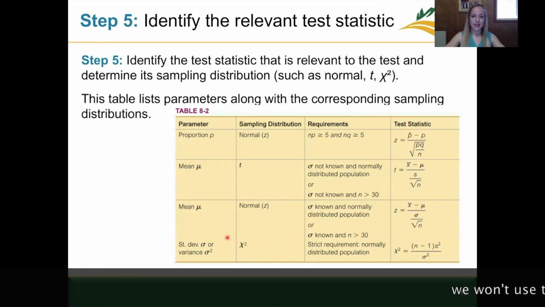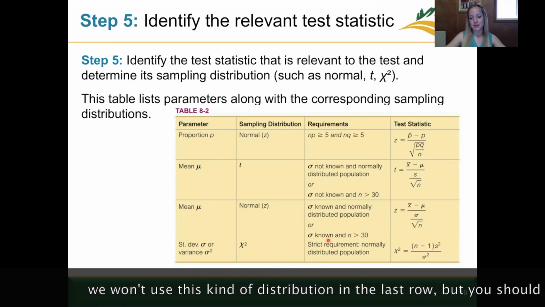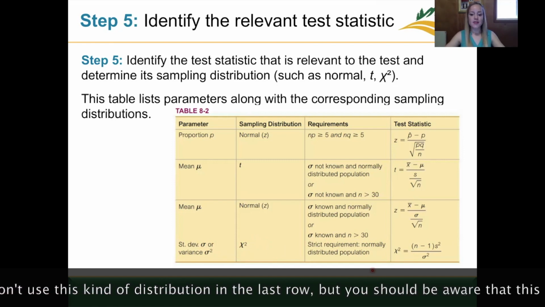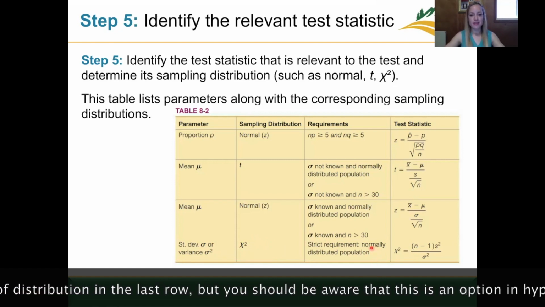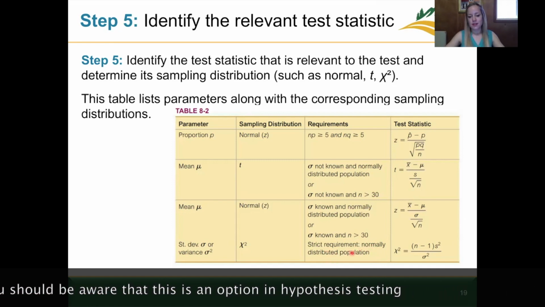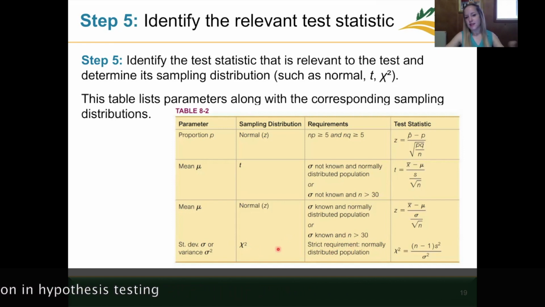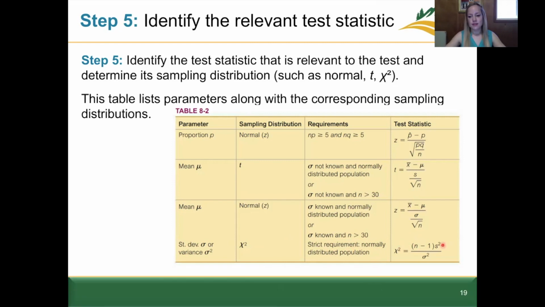For questions like this that are interested in the population standard deviation or variance, we have a stricter requirement here. So we'd have to go back to chapter 6 and very strictly see, is this distribution a normal distribution? Then if this is the row we're working in, the test statistic we're calculating is chi-squared. The formula for calculating chi-squared is seen here.